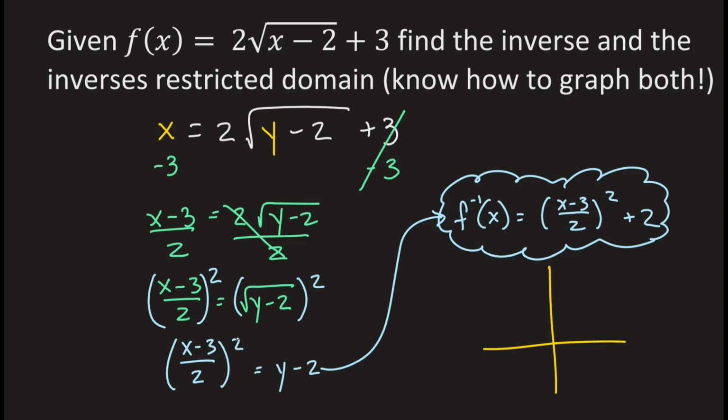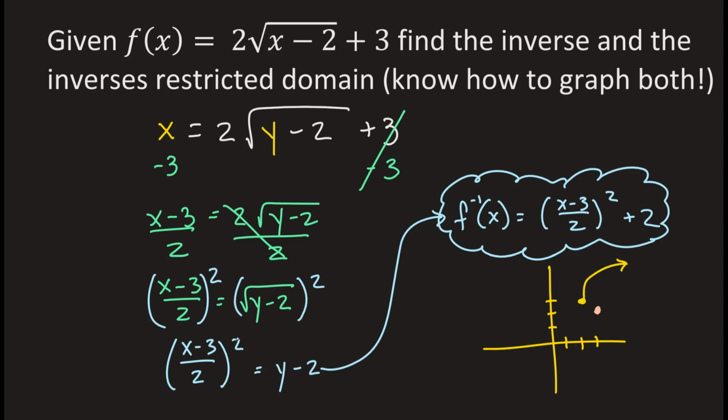It's at 2, 3, right? It hasn't been reflected, it's just been stretched by 2. Where is the inverse function starting point going to be? At 3, 2. Right here.